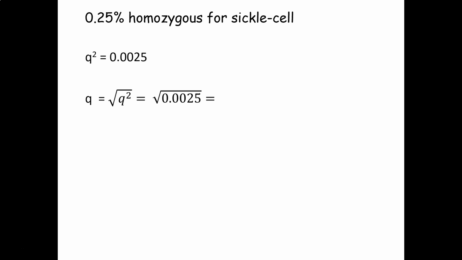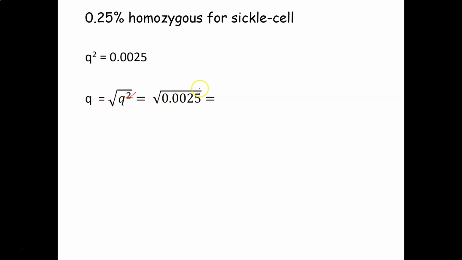Now I want to know what the frequencies for being homozygous dominant versus heterozygous are in my population. So I'm going to start off with that homozygous recessive, and I need to backtrack this. I need to get Q by itself so that I can use that formula of P plus Q equals 1 to then figure out the P. So my Q, if I take the square root of it, that gets rid of the square, so that I can get Q by itself.